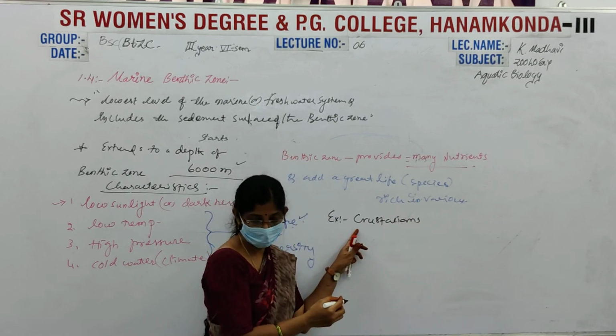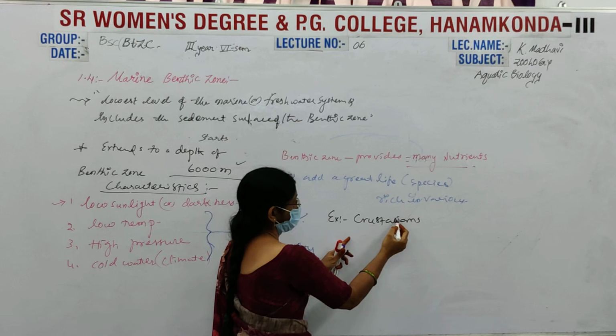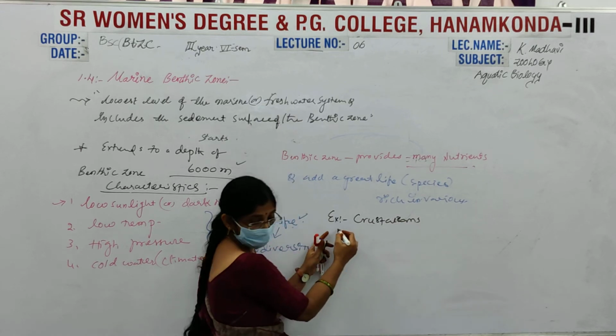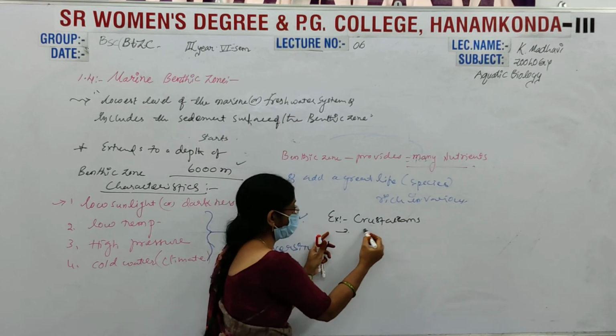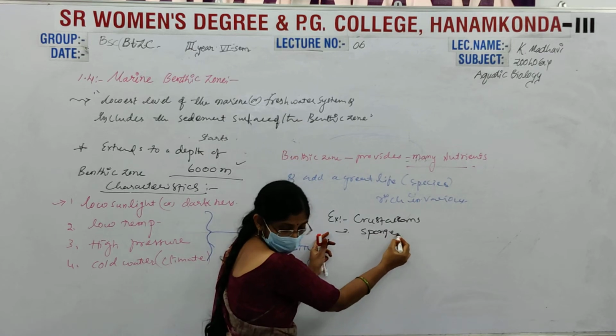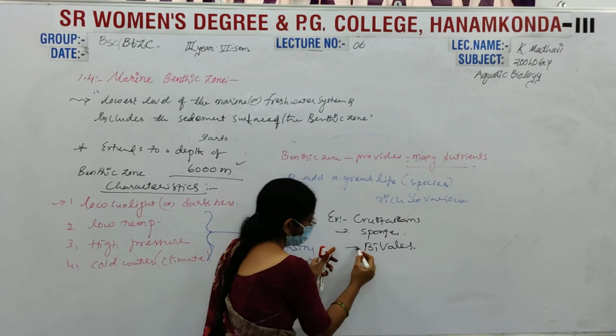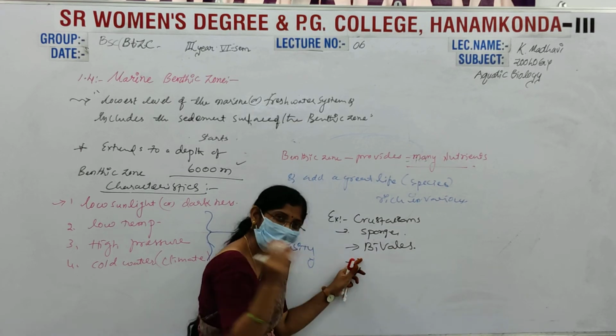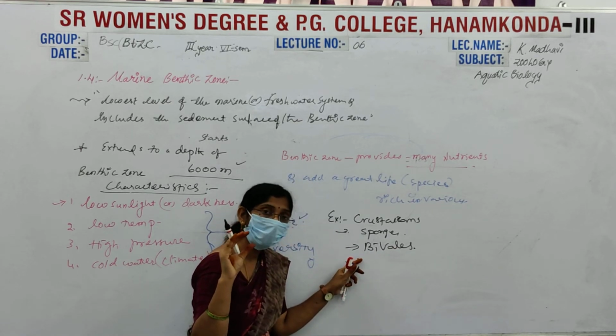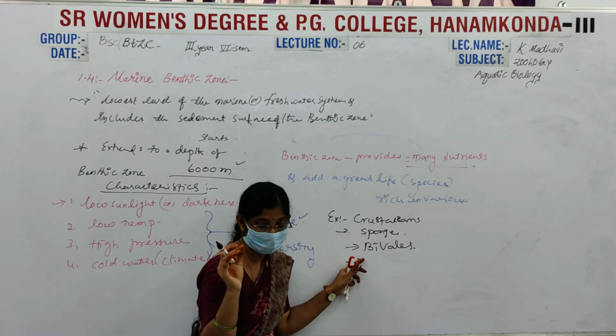The next ones are sponges and bivalves. Bivalves, for example Pinctada vulgaris, are the best example.